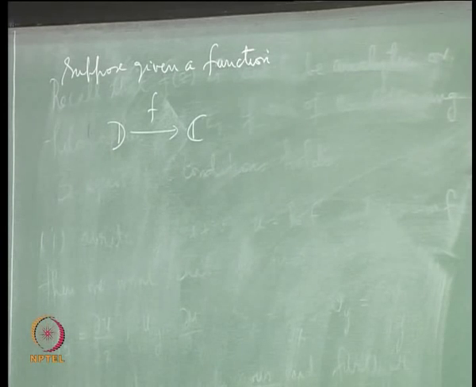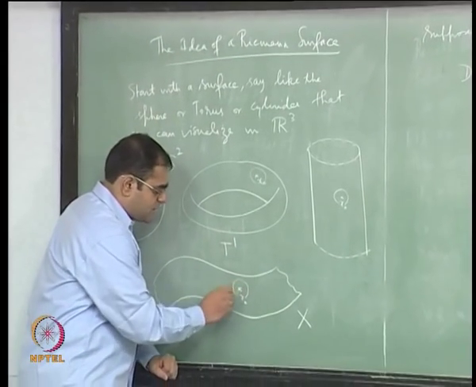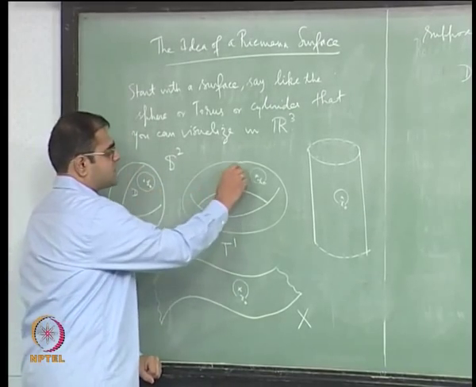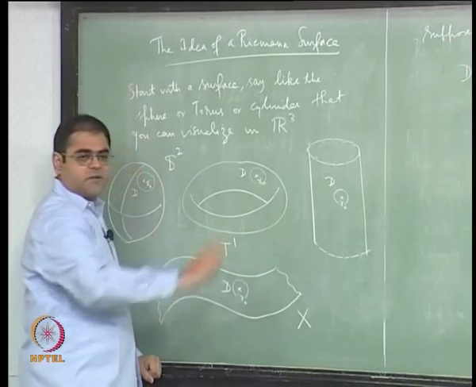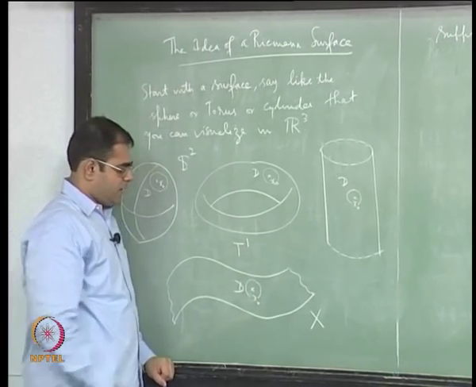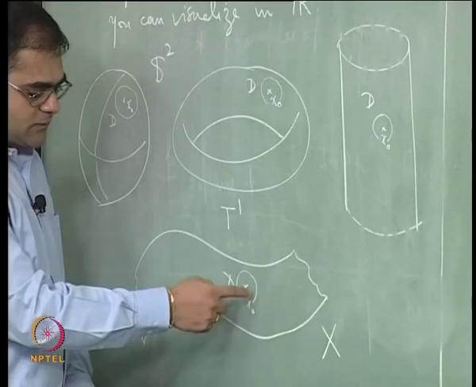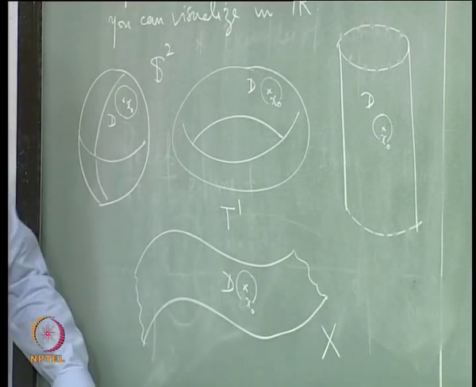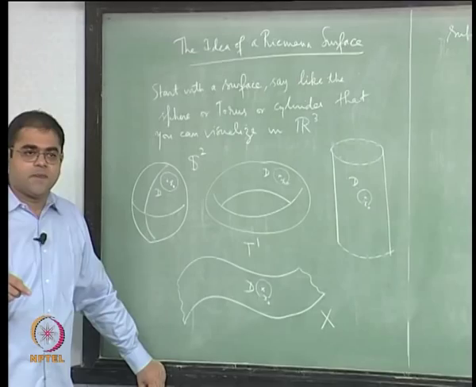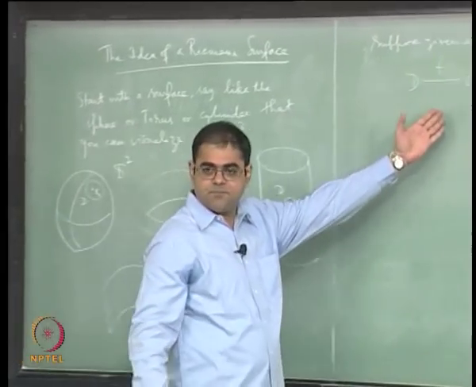I have a surface, I have a point on the surface, and I have a small disk-like neighbourhood D, and I have a function defined for every point on this disk, which means it is also defined at x0, and this function takes complex values.